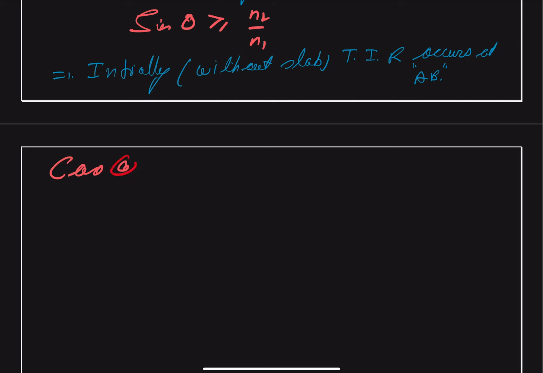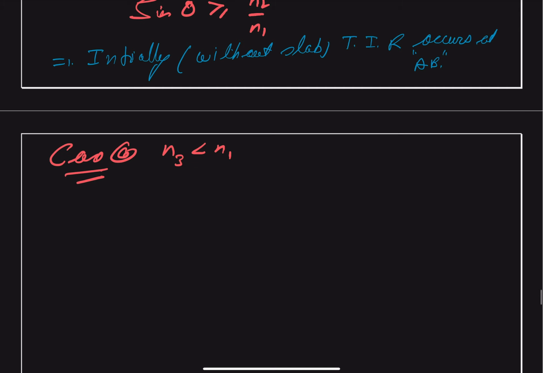So we have case number A, which states that n3 is less than n1. From here we can draw one conclusion: n3 will be less than n1 and it should also be less than n2.